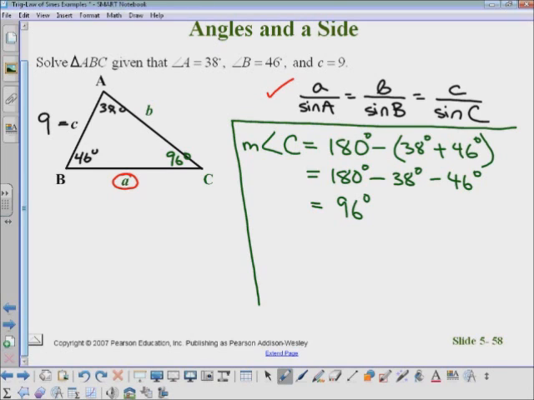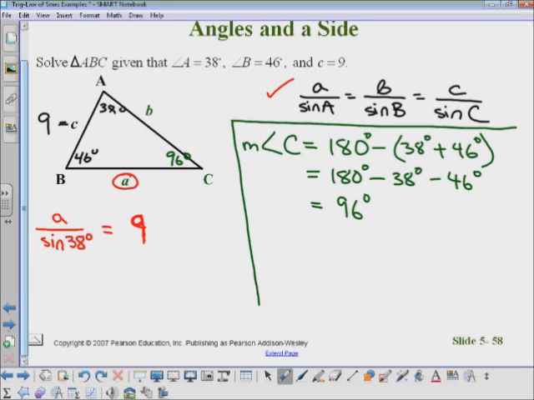Okay, so I'm going to say a over sine 38 degrees equals c. So notice this formula, which is C is actually 9.